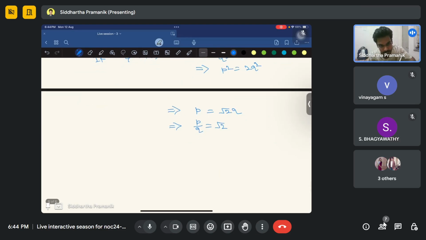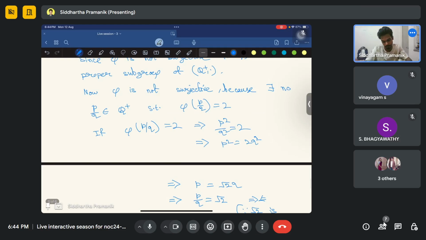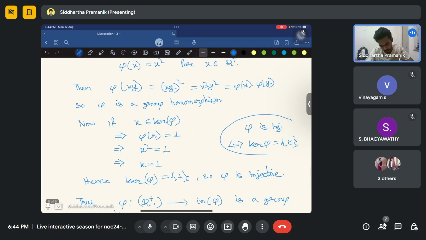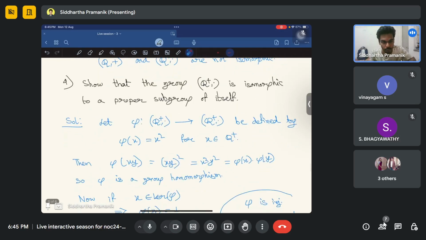But root 2 is an irrational number, right? So it cannot be written as p by q. So this is a contradiction, since root 2 is irrational. So phi is not surjective. So image phi is a proper subgroup of the codomain, which is Q plus itself. So that completes our proof. So I hope it is okay.